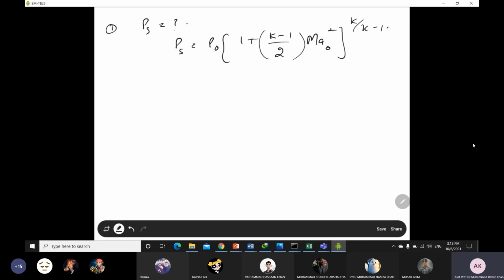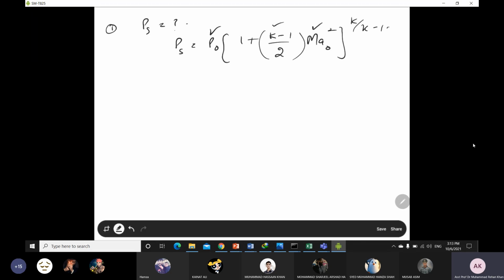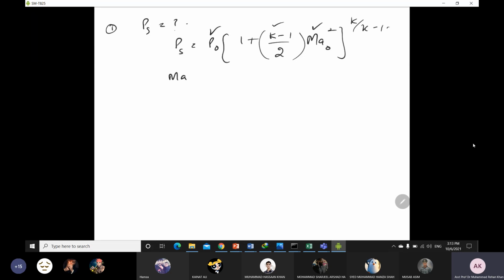We discussed this in the previous slide. We have the value of P naught, and k we can easily find, but first we have to find the Mach number, which we can get from V naught divided by under root k R T.